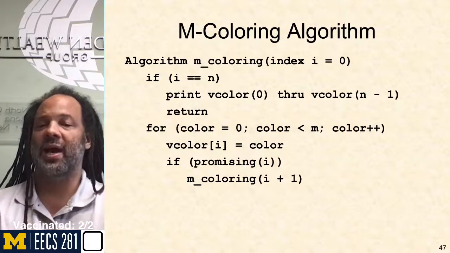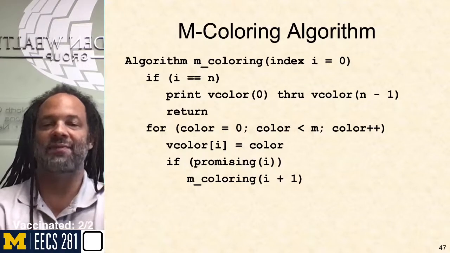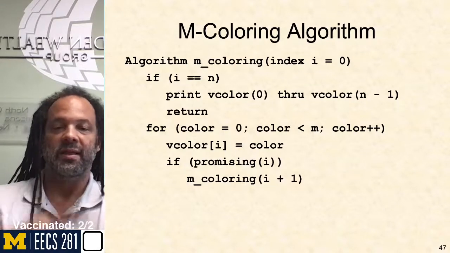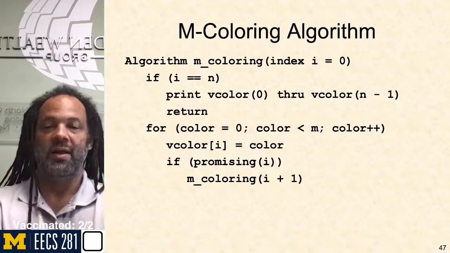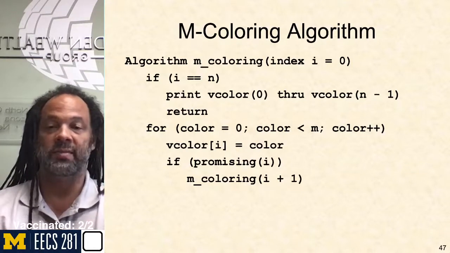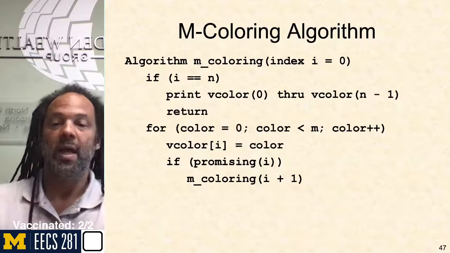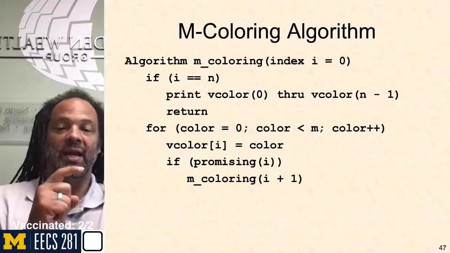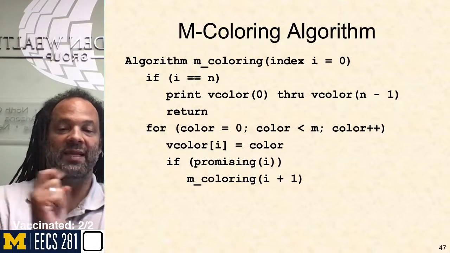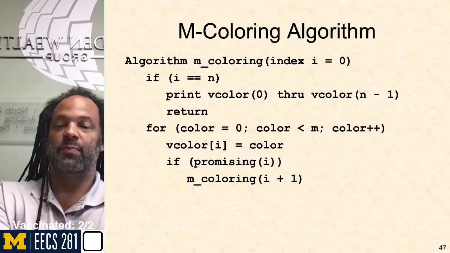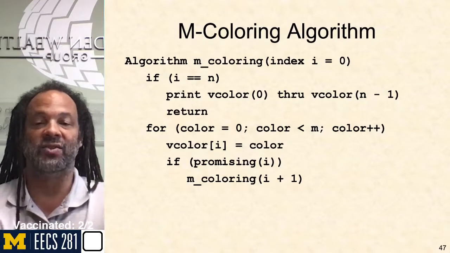That if promising check is where I check to see if I've violated any constraints, because this loop says, okay, I'll try every color. Do you want Mississippi red, green, blue, orange? That's what this loop is good at. But we don't want to do it if it violates a constraint, and that's what this if promising does. If it's promising, it means we haven't violated any constraint.